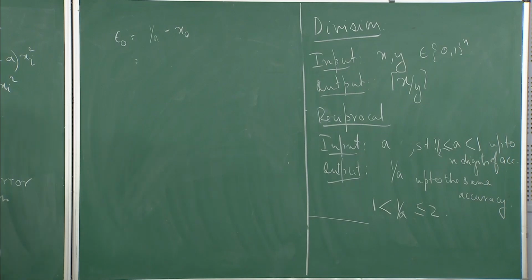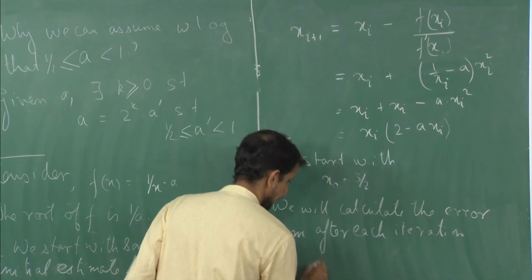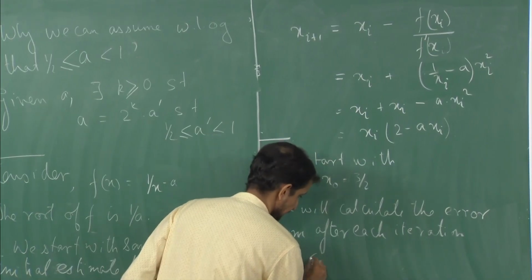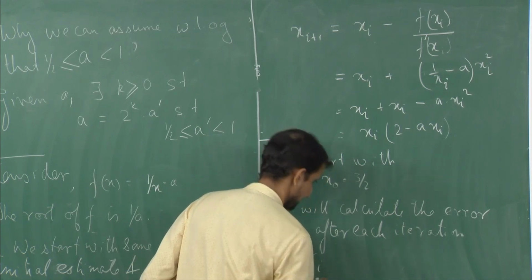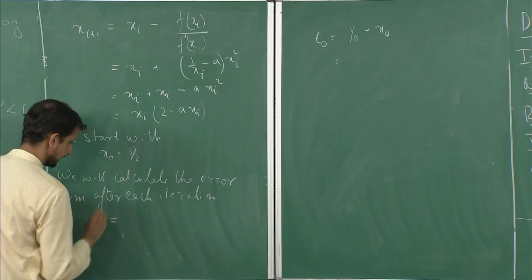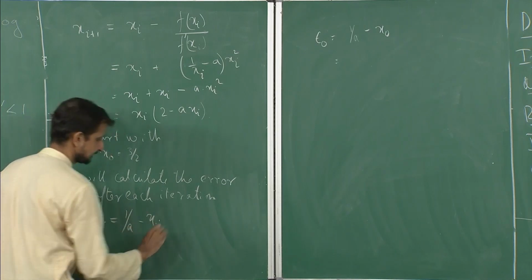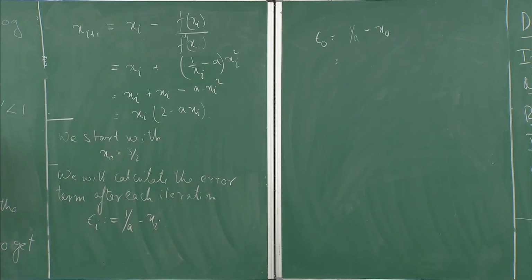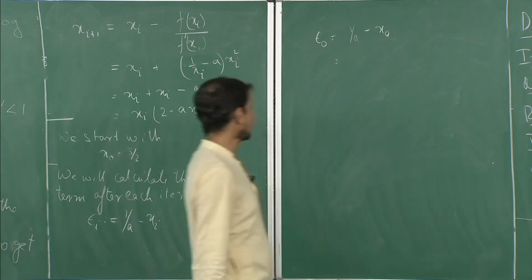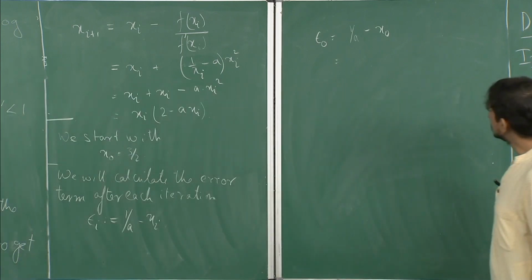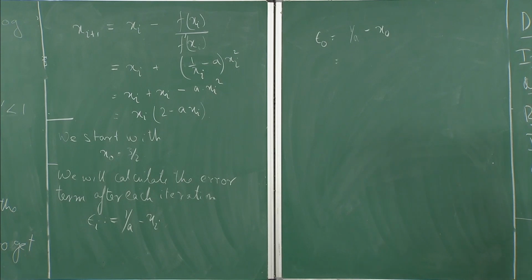So let me just write this. The error term, let's say after the ith step, epsilon i is defined as 1 over a minus xi. This is the error term for us. So initially this is 1 over a minus x0.